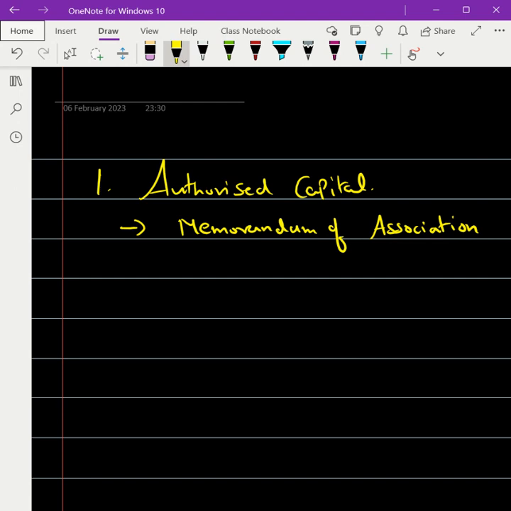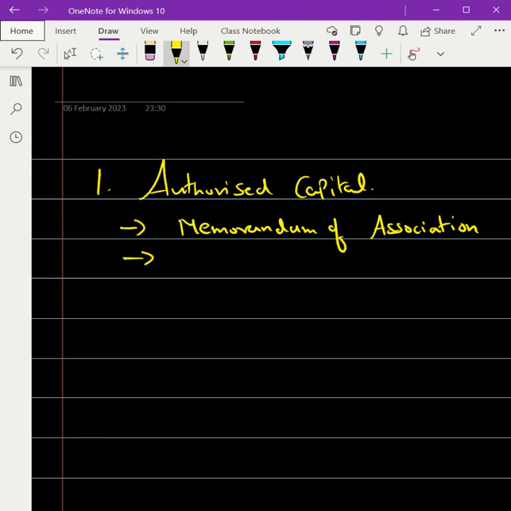So it is mentioned in the memorandum of association, and the second important point is that it is the maximum amount which the company can raise as capital. It is also known as registered capital or nominal capital.